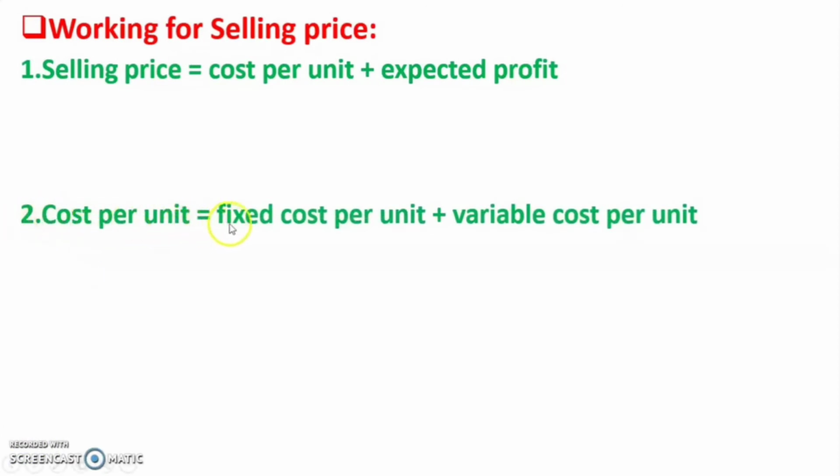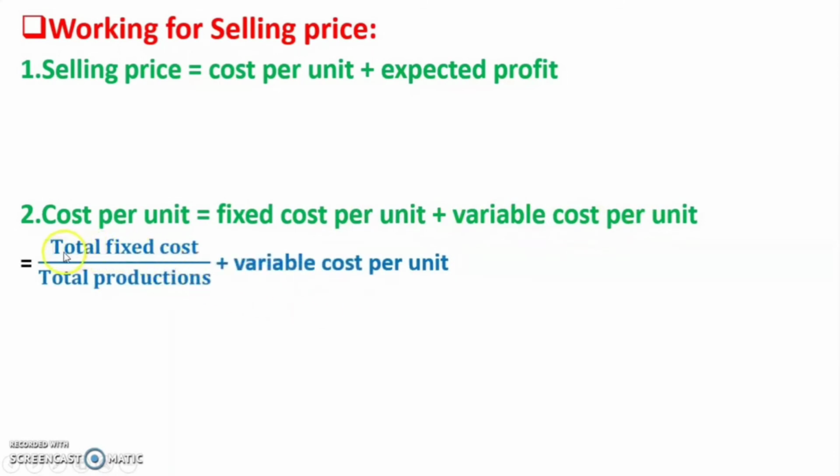Cost per unit equals fixed cost per unit plus variable cost per unit. Here, fixed cost per unit equals total fixed cost divided by total production, plus variable cost per unit. Total fixed cost, given in the question, is taka 20 lakhs, total production is 5 lakh units, plus variable cost per unit, also given, is taka 20.